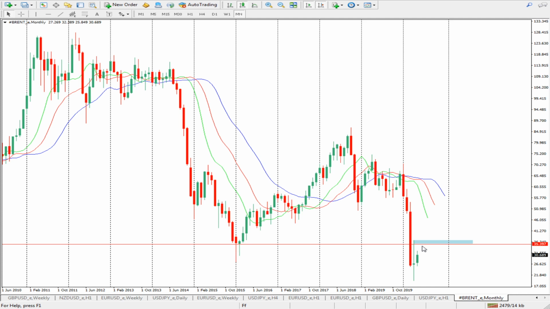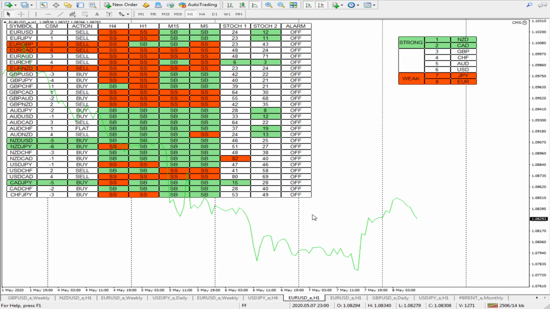We'll look at the strength meter. This one, as I'm speaking now, we have NZD, New Zealand dollar, being the strongest, and then the next strongest is the Canadian dollar. Then we have JPY being the weakest, and then Euro is the weakest of all.